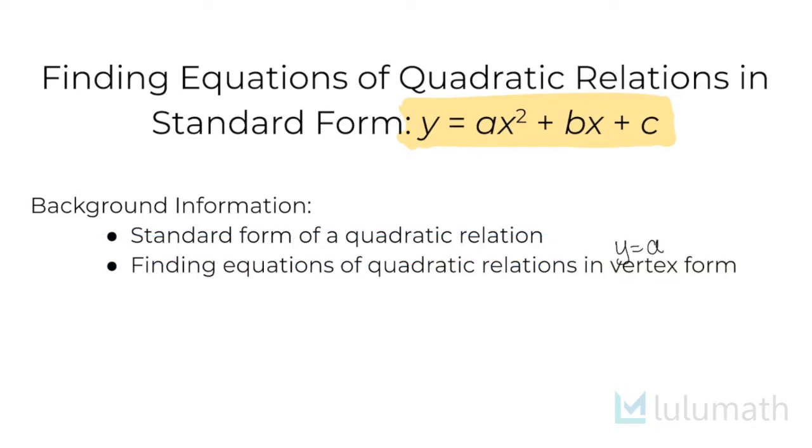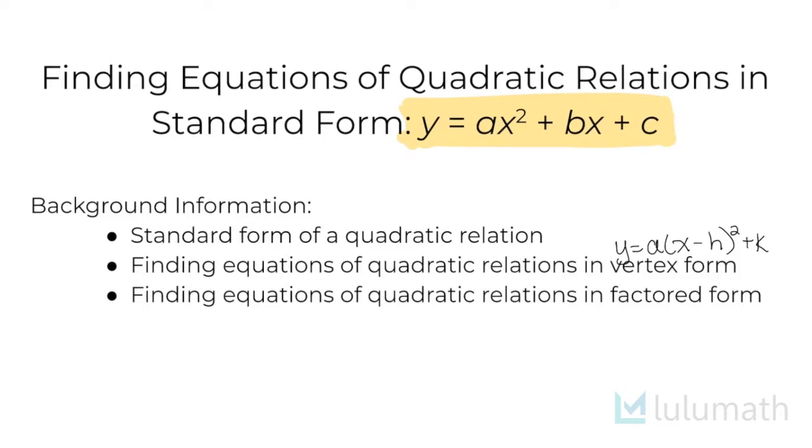And just a reminder, vertex form is y equals a multiplied by the quantity x minus h squared plus k. And we also need to know how to find equations of a quadratic relation in factored form. And just a reminder, factored form is y equals a times x minus r multiplied by x minus s.